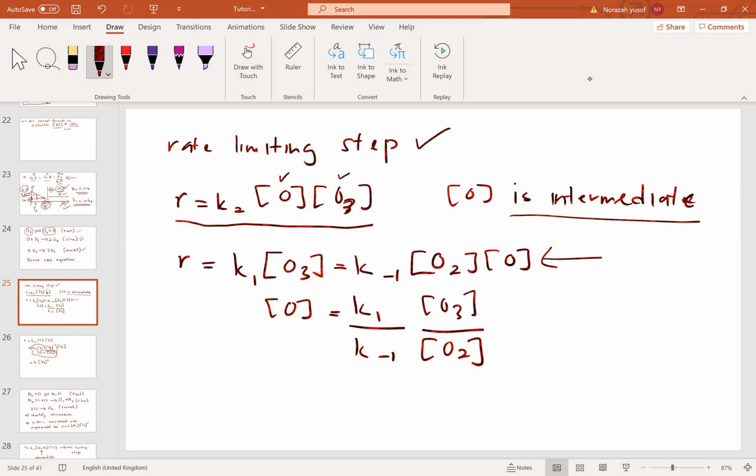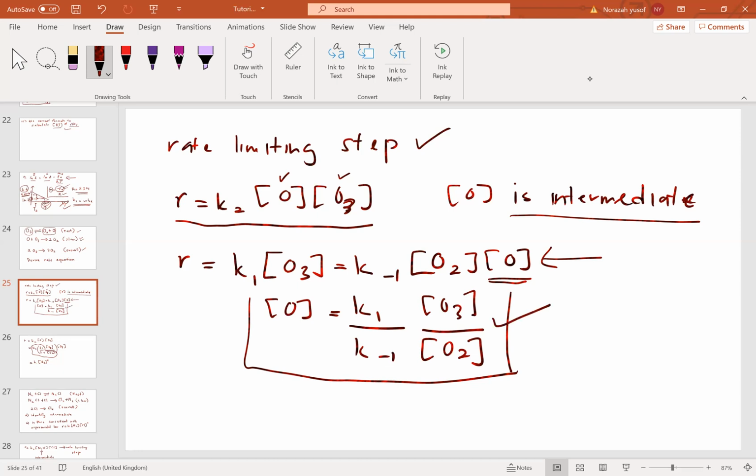Now, you can see that there is an oxygen atom expression there, and then we can rearrange the rate equation expression into this form. So now the oxygen atom concentration can be represented using this expression.